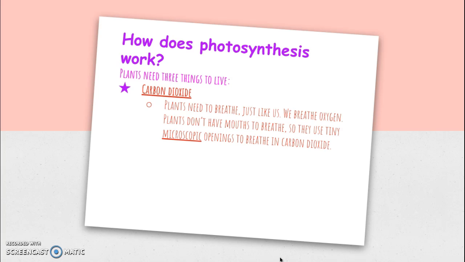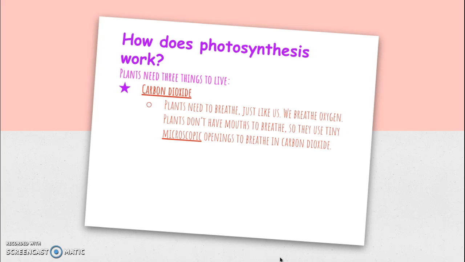Plants breathe just like us, but we breathe oxygen. Plants don't have mouths like us, so they use tiny microscopic openings to breathe in carbon dioxide. What does microscopic mean? Okay, very good. Yes, very, very small, right? We have to use a microscope to see it. We can't see it without a microscope.